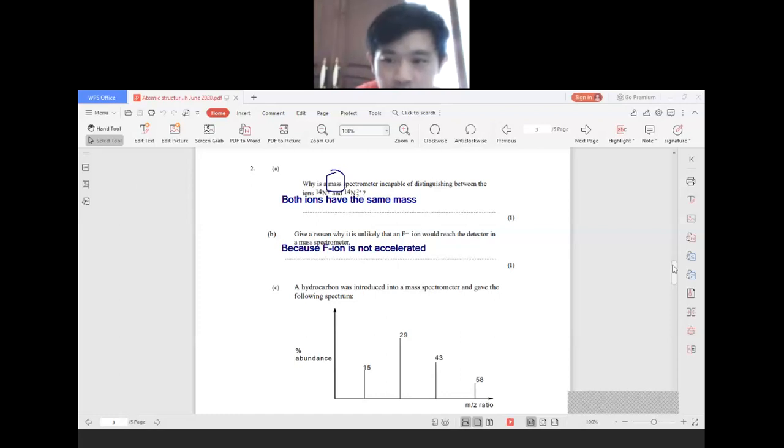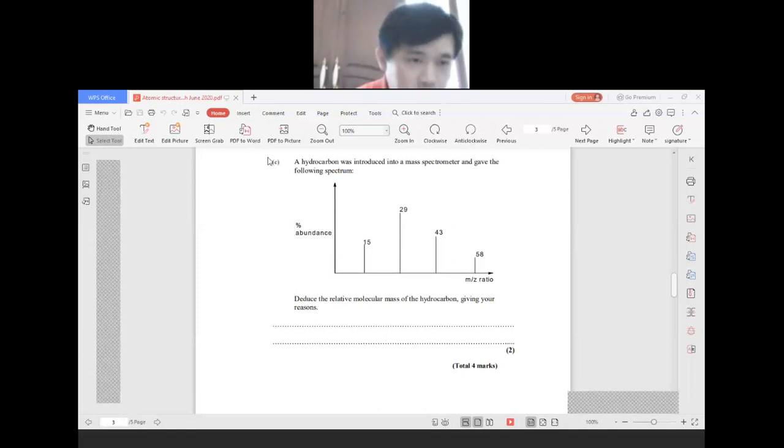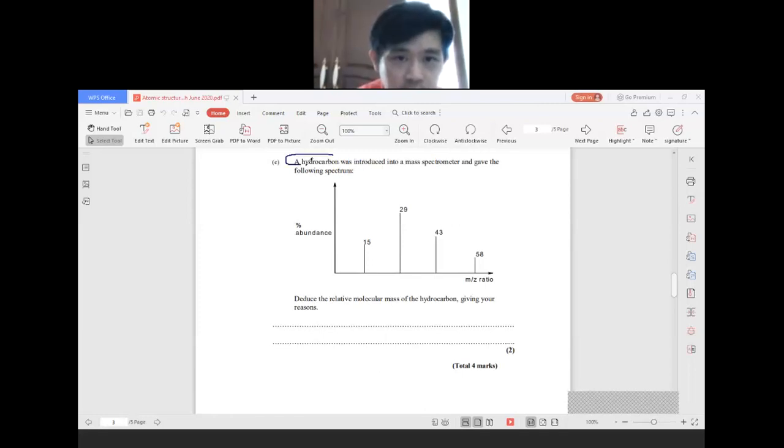Okay, now this one. Next, a hydrocarbon was introduced into the mass spectrometer. A hydrocarbon is a molecule consisting of carbon and hydrogen.